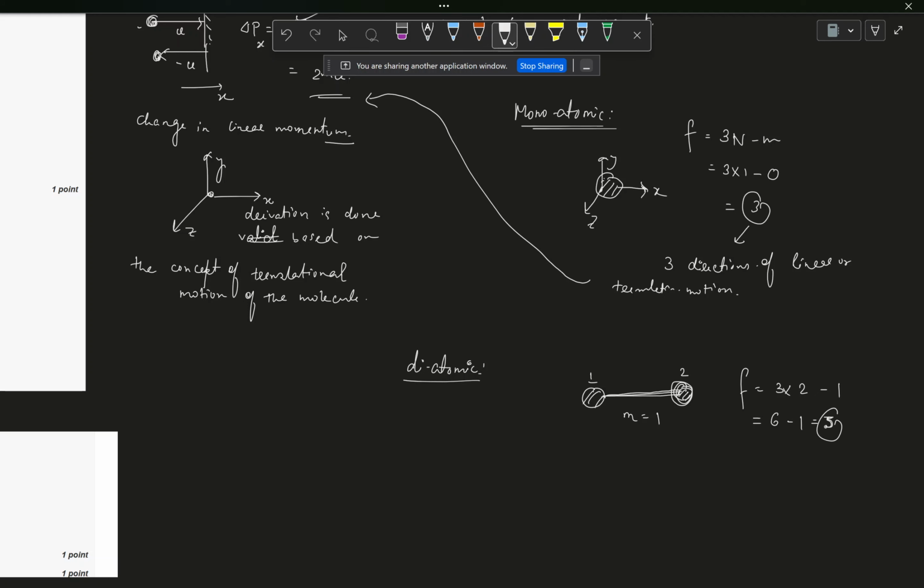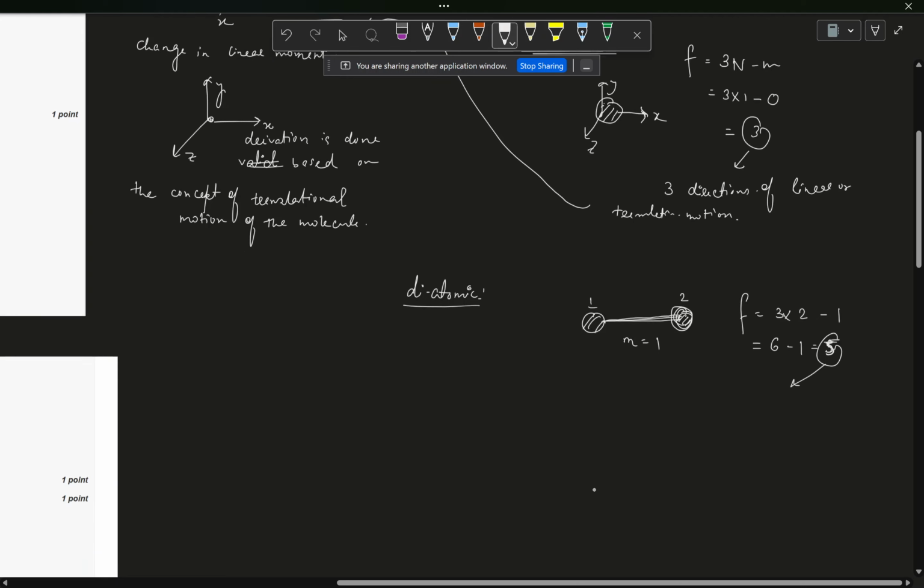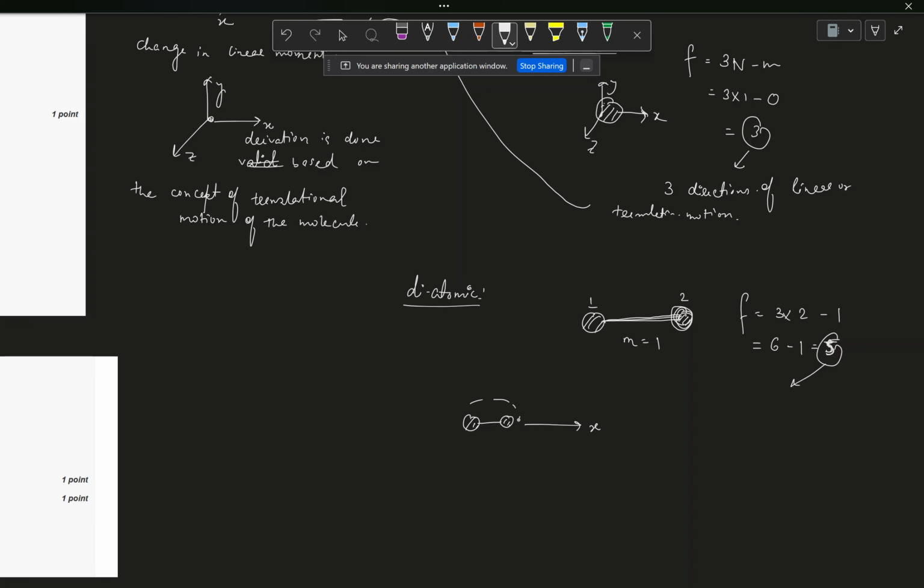And these 5 degrees of freedom contain all 3 directions of translation, x, y and z. But there are still 2 extra degrees of freedom, and that comes from the rotational degrees of freedom of the total molecule. So this system, a diatomic molecule, can translate in the x direction, y direction or z direction.